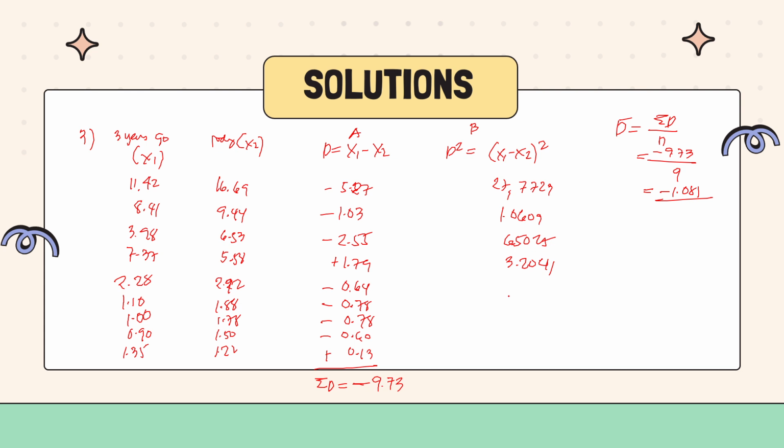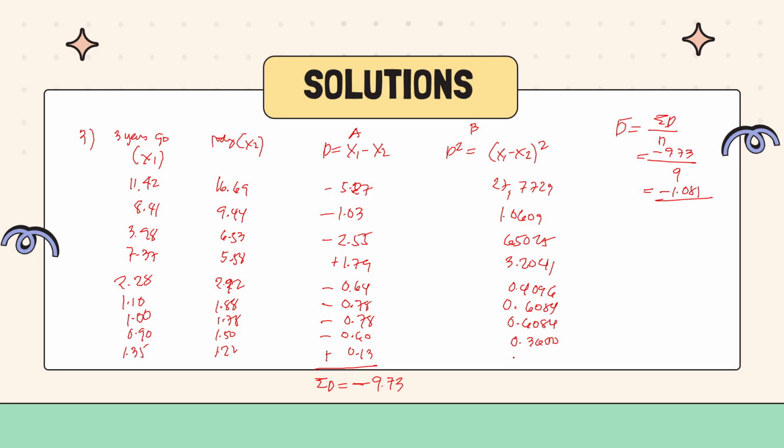Negative 0.64 is 0.4096. And 0.78 is 0.6084, and again 0.6084. And we have here 0.3600.